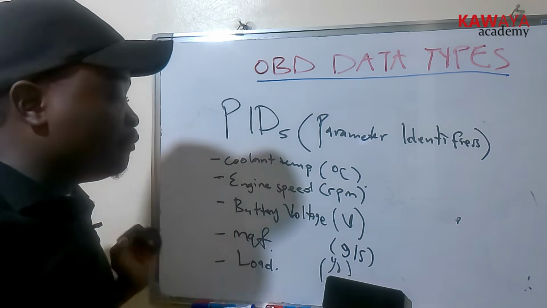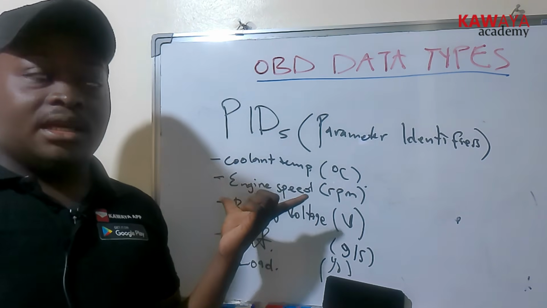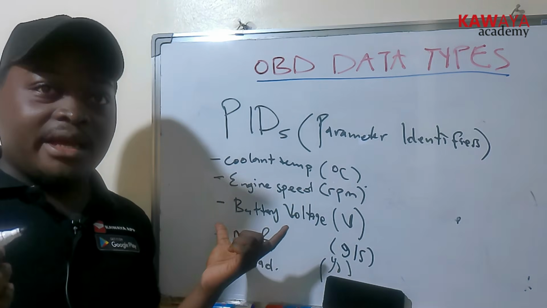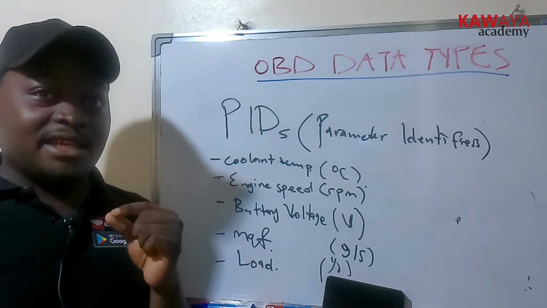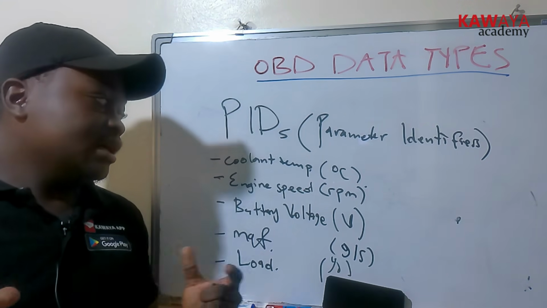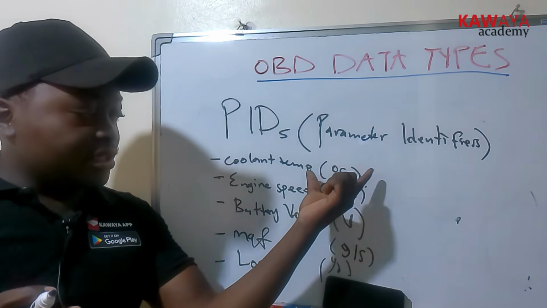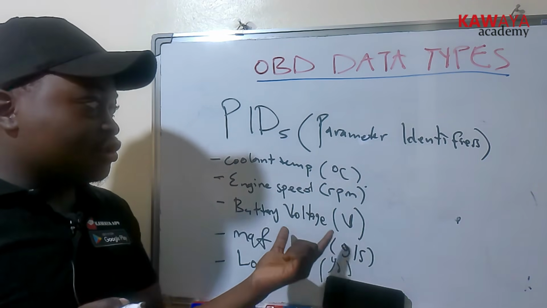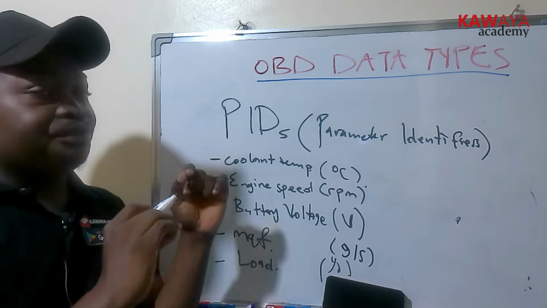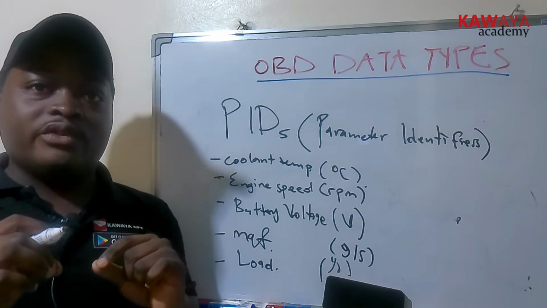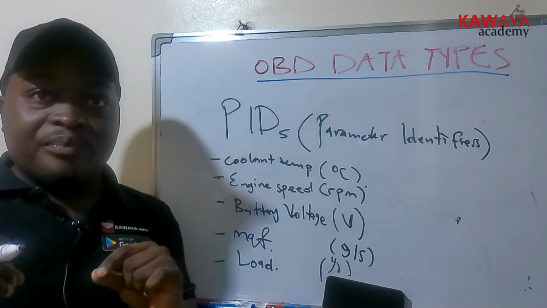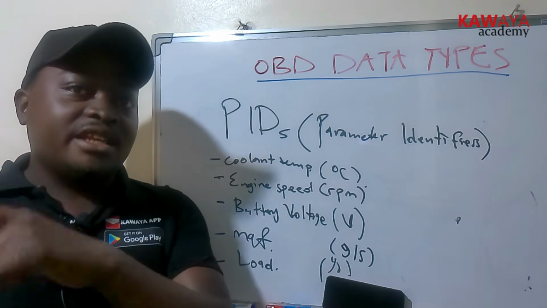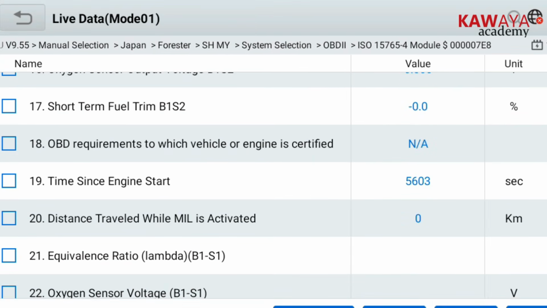There are many parameters. So these PIDs are usually data types generated by different sensors within the engine, and they usually have these SI units. So basically PIDs are like different annotations of data that is being captured from the different systems within the engine, as you can see here.